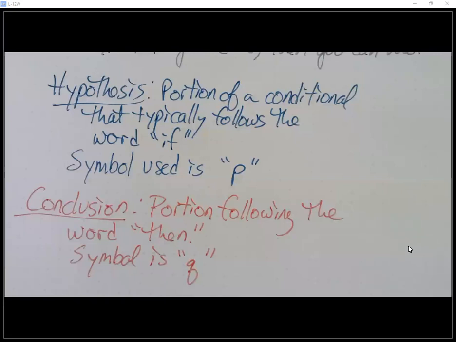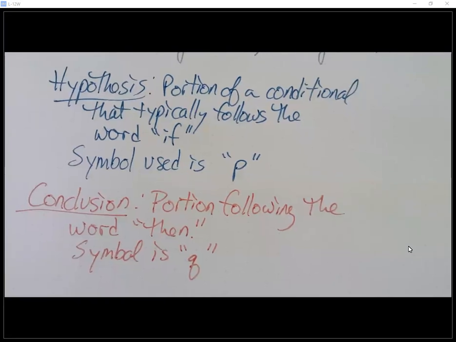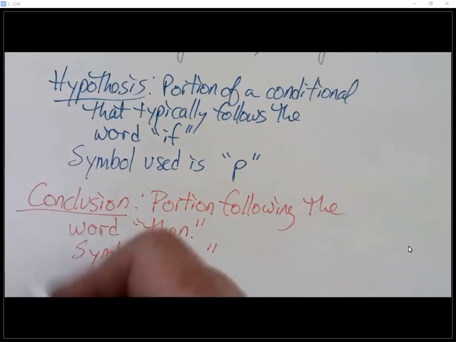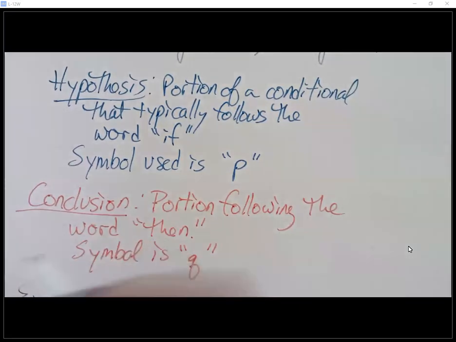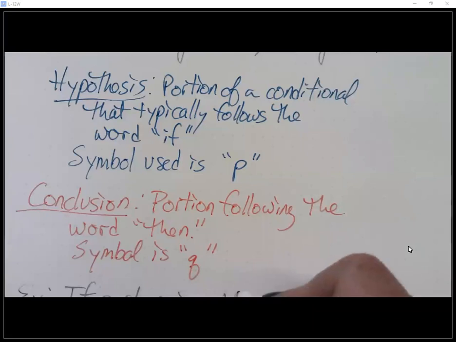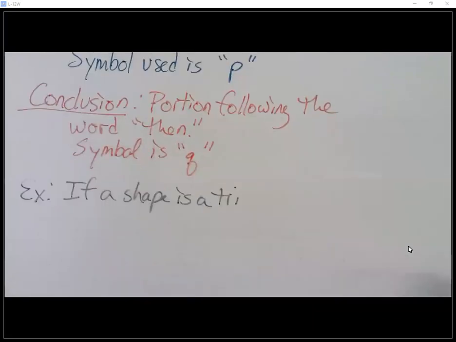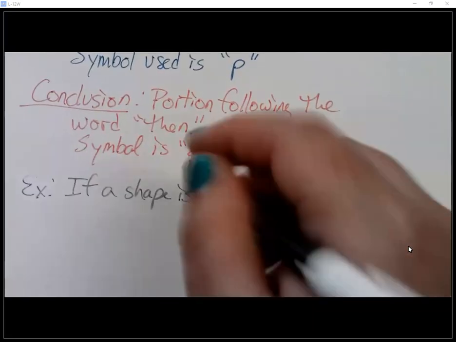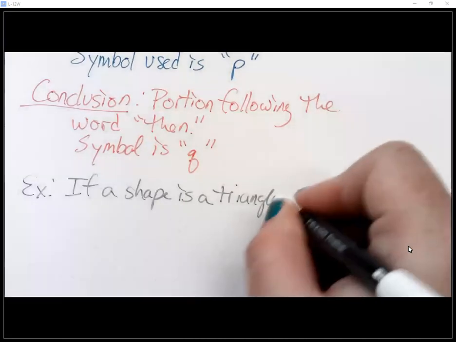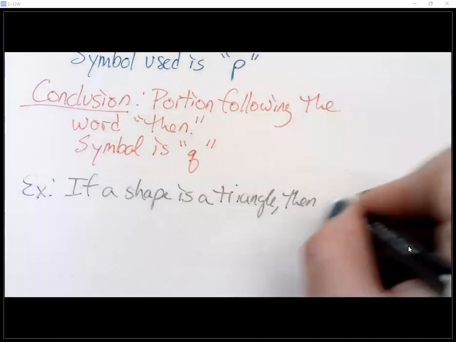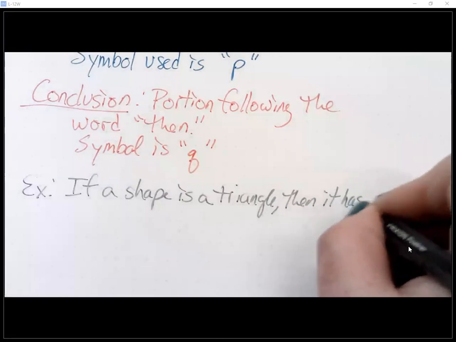All righty, so let's give an example and then we'll identify hypothesis and conclusion. All right, so let's do, I don't know, let's do a math one. If a shape is a triangle, then it has 3 sides.